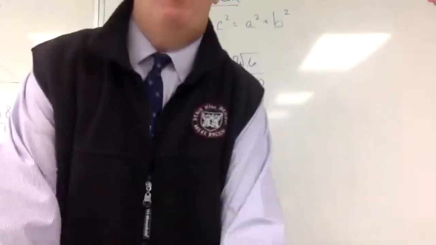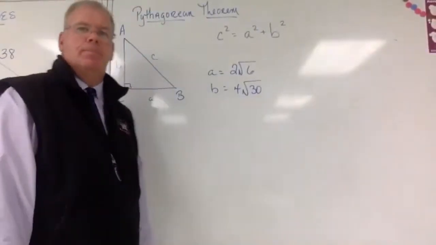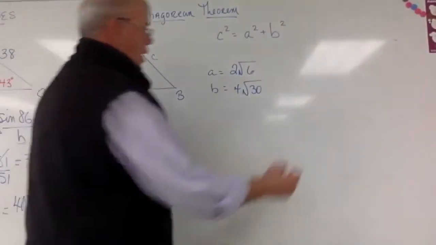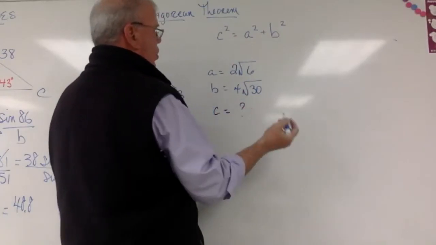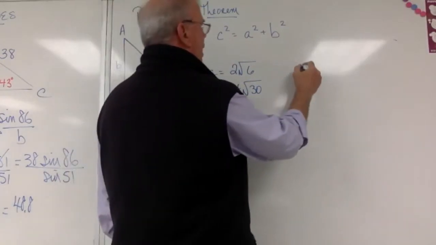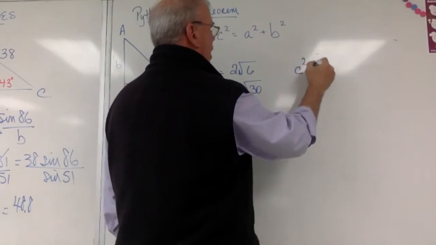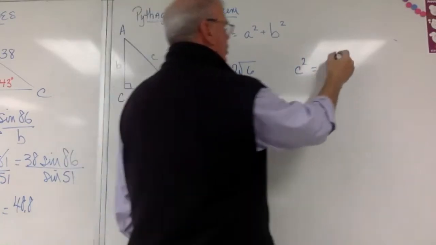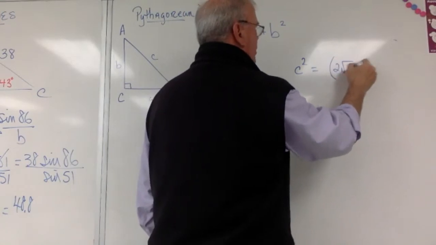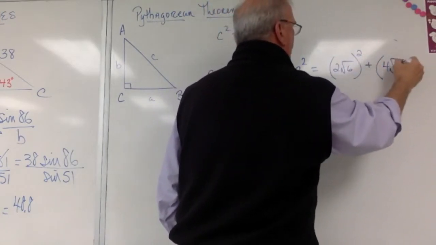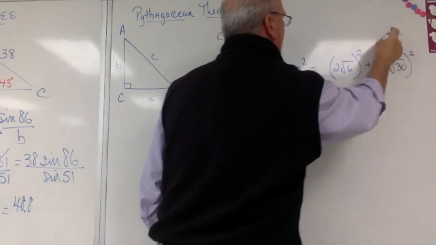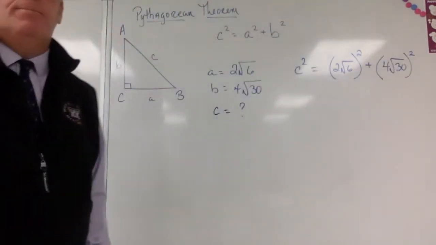A squared plus B squared equals C squared. Yeah, we know this. So I'm looking for C. I know that C squared has to be equal to 2 radical 6 squared plus 4 radical 30 squared. Does that make sense?